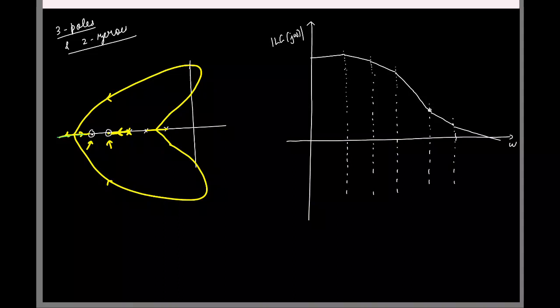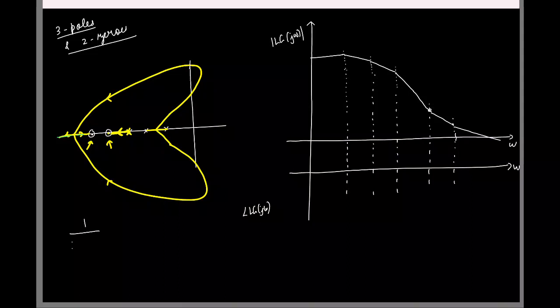Let me also sketch the phase plot. Okay, this is frequency, and here I am sketching the angle of the loop gain. So if I just had one pole, how will the phase plot look like? It will start from 0, 0 to minus one pole. What is the phase it can give at infinity? Minus 90 or minus 180?